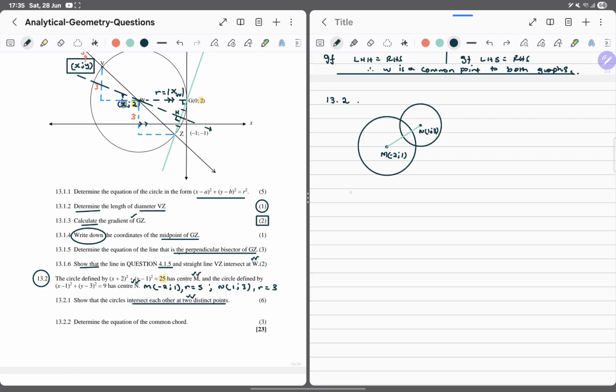So let's see. We first want to know MN from the distance formula. It's going to be the square root of (x at N minus x at M) all squared plus (y at N minus y at M) all squared.